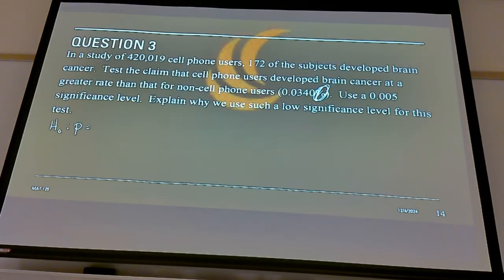You want to divide that by 100. Oh, 172 divided by 420. You kept it as a percentage. So 0.034. P equals 0.00340. Divide by 100 means you add 2 zeros out in front.